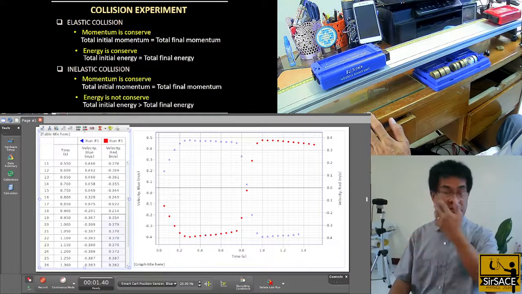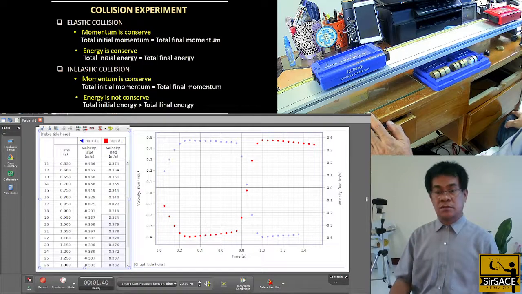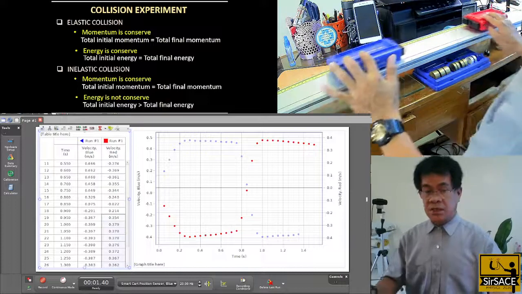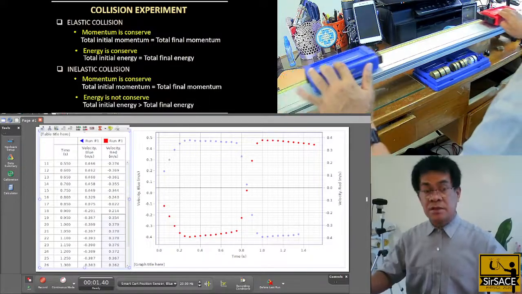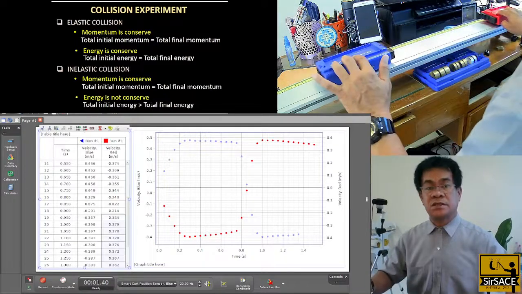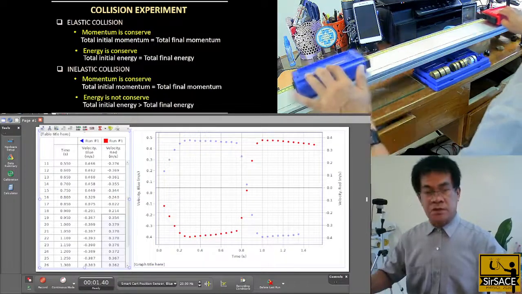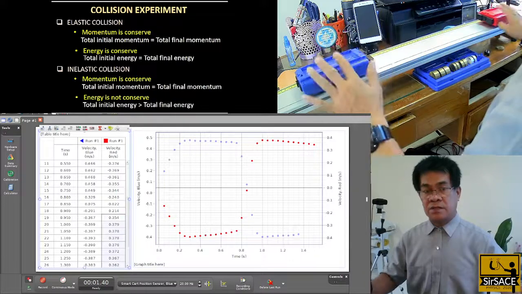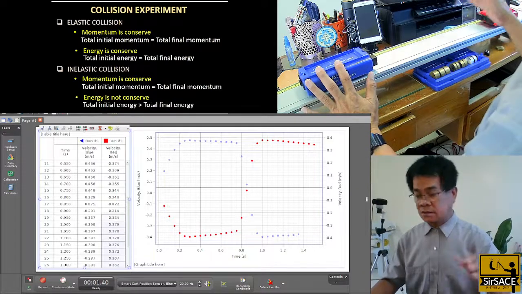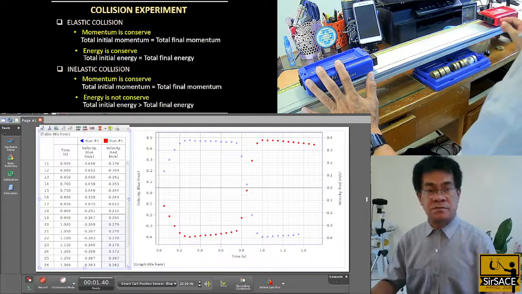So this is the Capstone software. We can provide the initial velocity, so before the collision, the velocity will be recorded. Then after the collision, when it returns to its position, the final velocities will be recorded in the software.